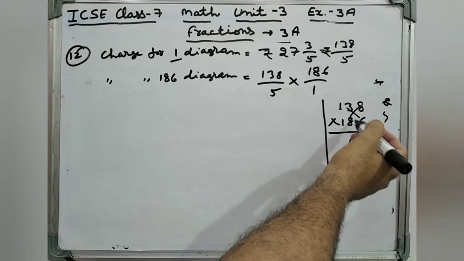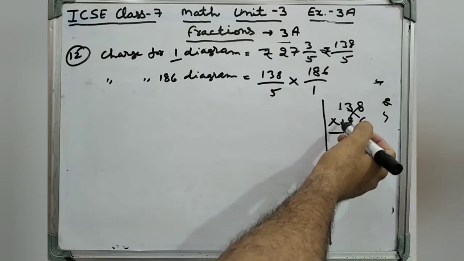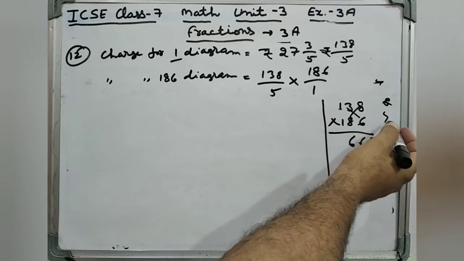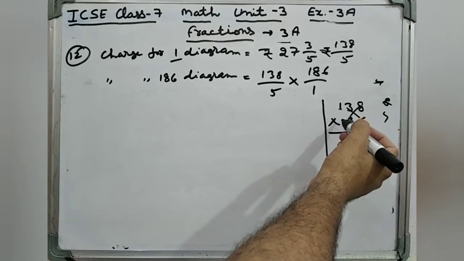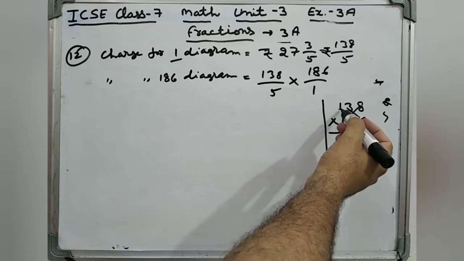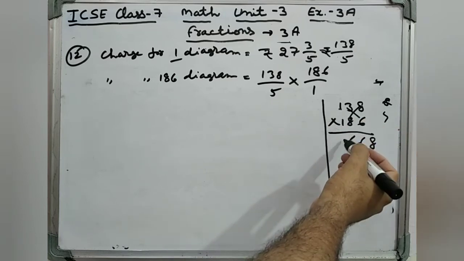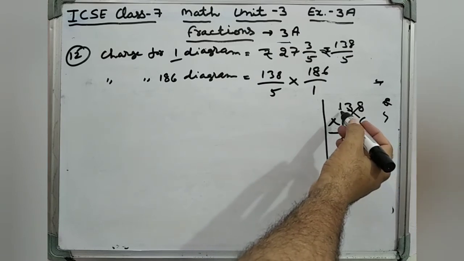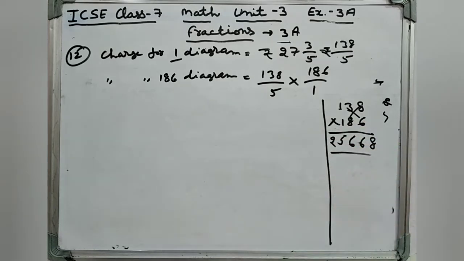Now this will cut. 8 1 ja 8, 3 1 ja 3. 8 1 ja 8 plus 4, 12. 12 plus 3, 15, 1. 1 1 ja 1 plus 1, 2.